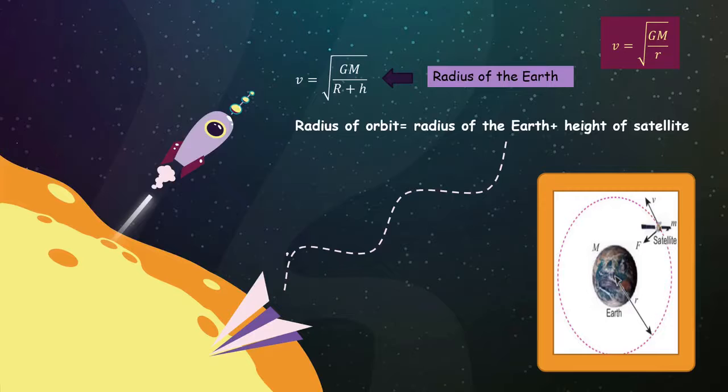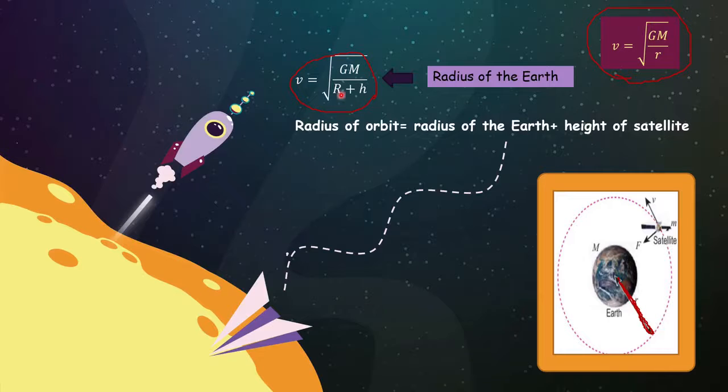Actually, there is also another formula that we can use to calculate the linear speed of a satellite, besides the formula I showed you in the previous slide. I'm sure you saw the difference. Okay, this one is divided by small letter r. Small letter r is the radius from the Earth's center that goes through to the orbit of the satellite.